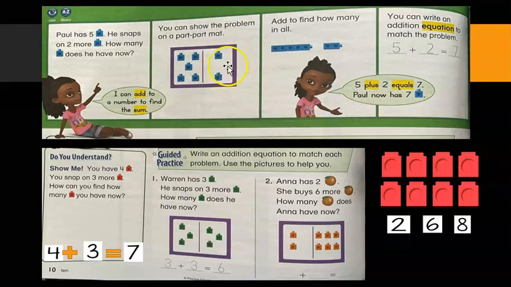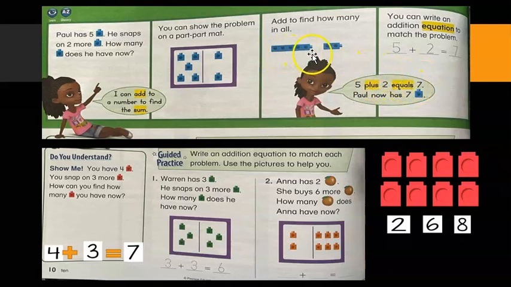Now it says right here, first graders, here's our question. How many blue cubes does he have now? And if you look right here, we just added up now. We counted all. It says right here, add to find how many in all. So look at that here. Jada's right here again. And she says here, 5 plus 2 equals a number.